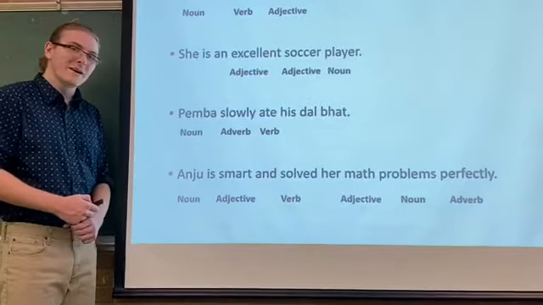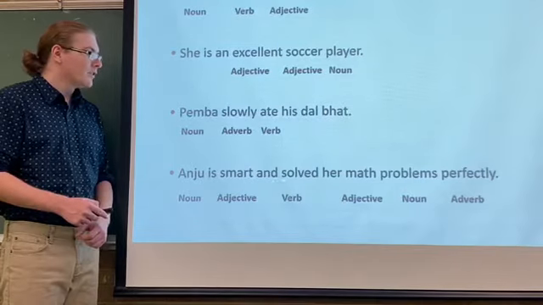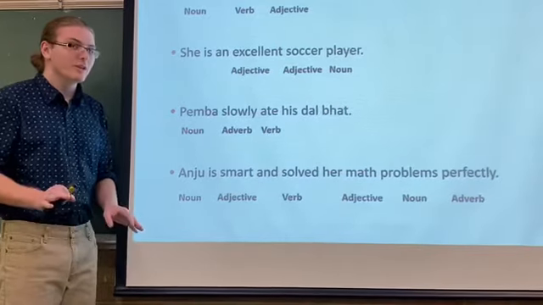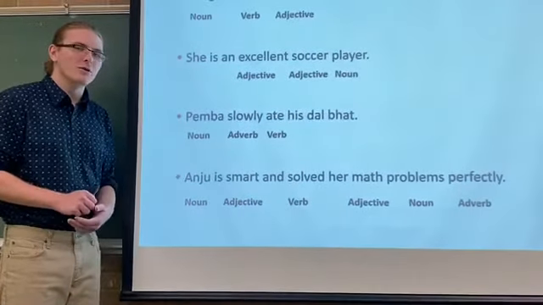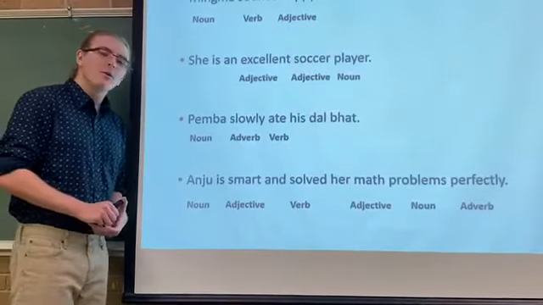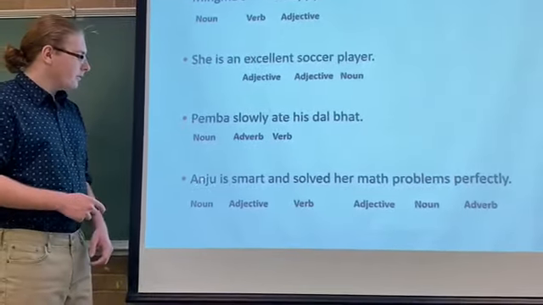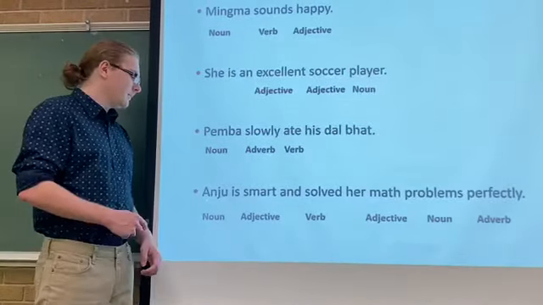And for our last example, we have, Anju is smart and solved her math problems perfectly. Now this was a hard one, but I believe that you can all do it, and so we'll work through it together now. The noun that the adjective of this part of the sentence is working on is Anju.